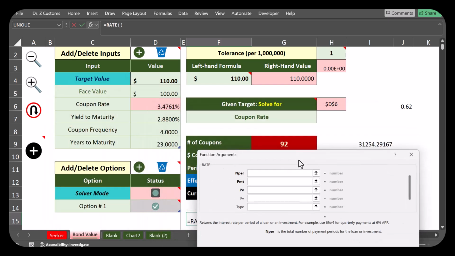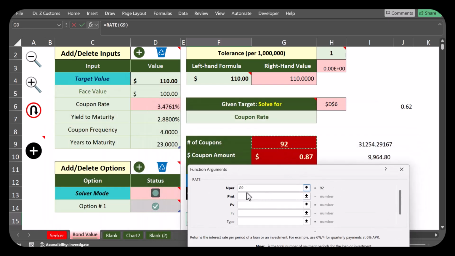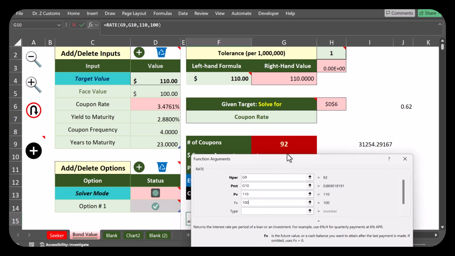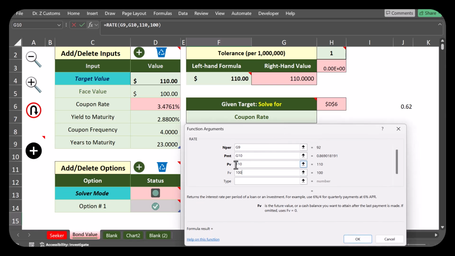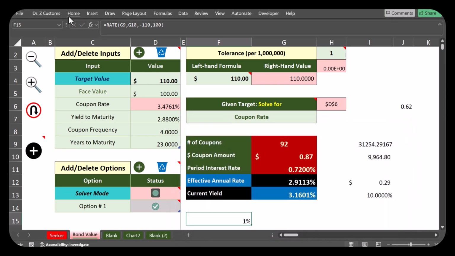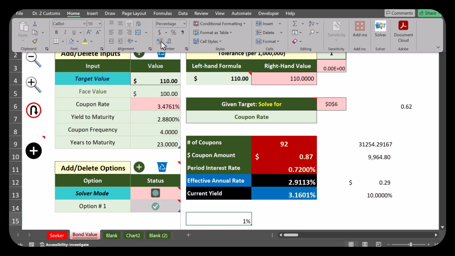Payment is the coupon amount. PV is 110. FV is face value. Of course, I need to make one of these negative. And I need to multiply it by 4.